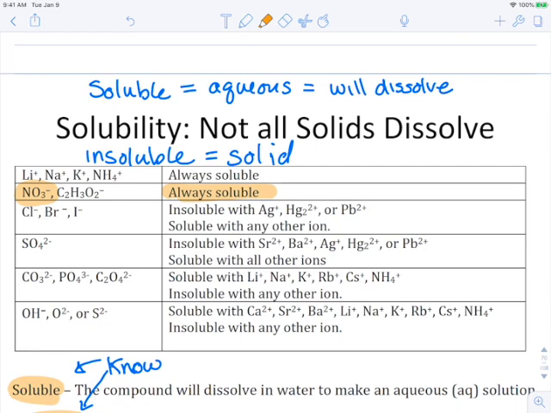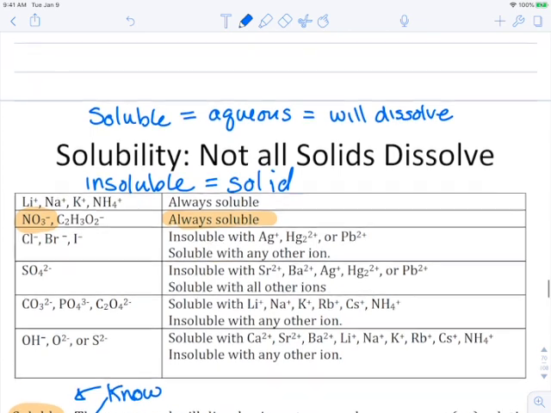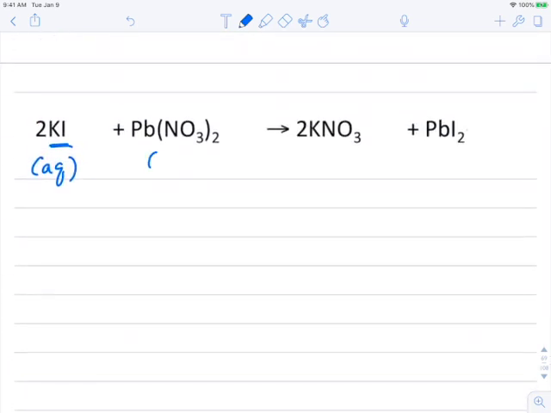That means anything with a nitrate, no matter what its cation is, it will always dissolve, it'll always be aqueous. So I'm going to say that this one is aqueous because it contains a nitrate. So any questions on how I labeled, or why I labeled, lead nitrate aqueous?